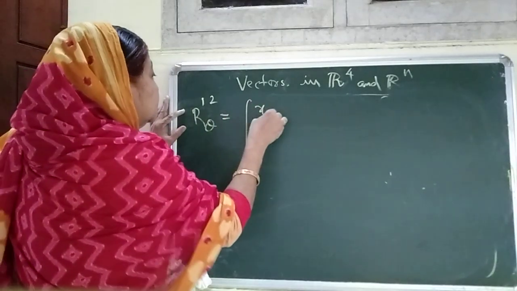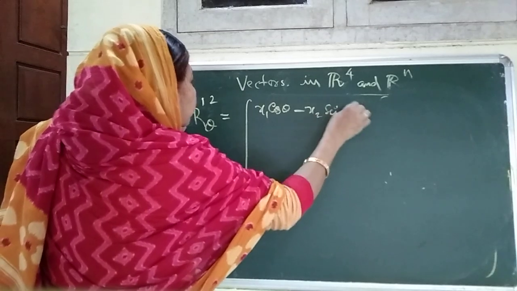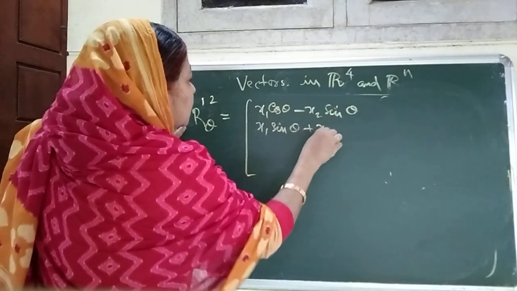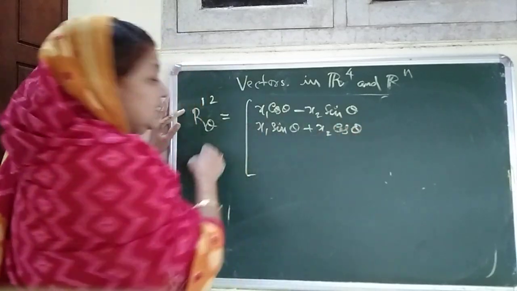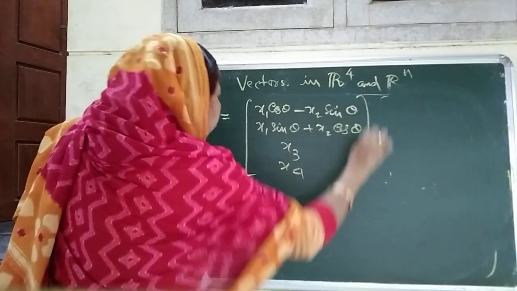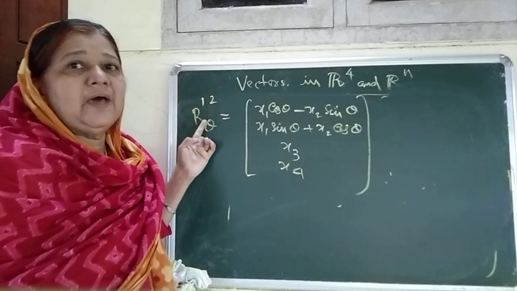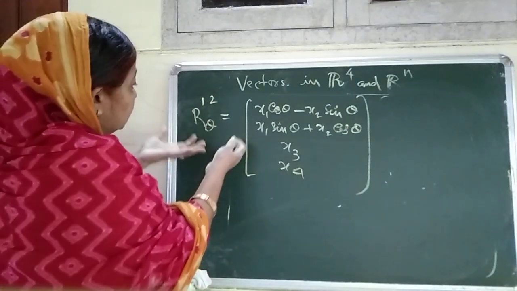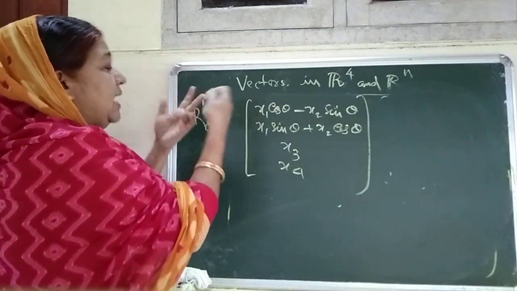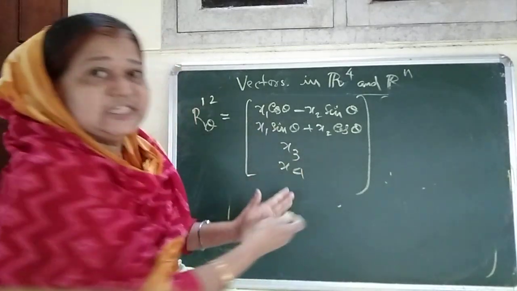It is x1 cos theta minus x2 sin theta, then x1 sin theta plus x2 cos theta, and the remaining x3, x4 have no change. That is the rotation of x1 and x2 through an angle theta. If we take two rotations, suppose R12 and R34 for an angle phi, we have this also changed.